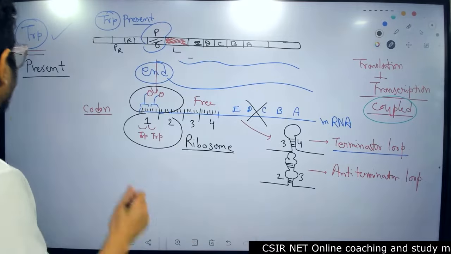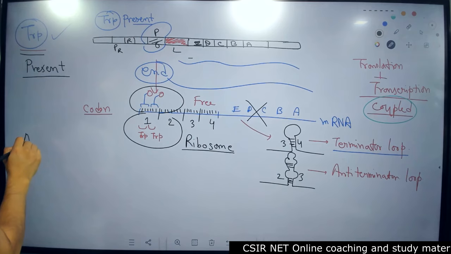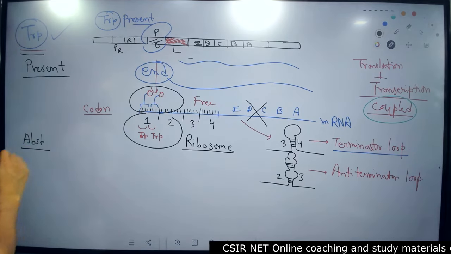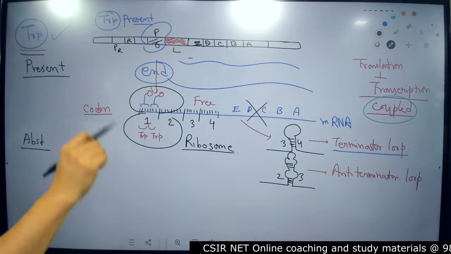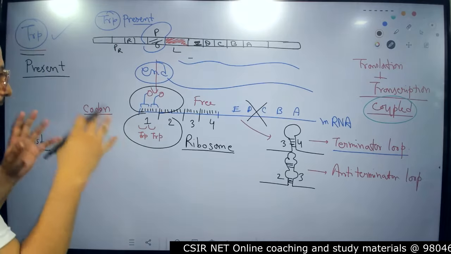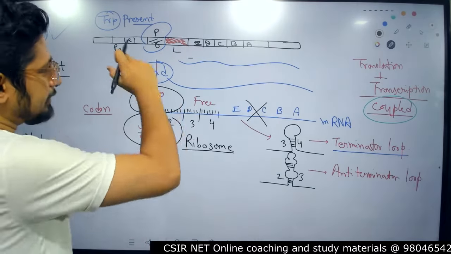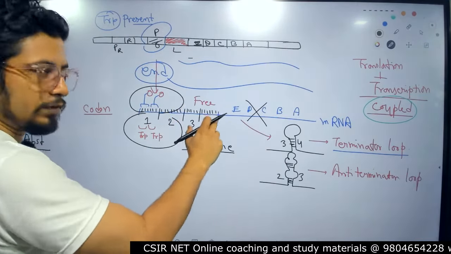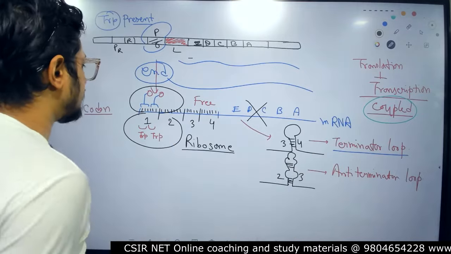Now imagine a situation when there is no tryptophan. If the tryptophan is absent, what will happen? The same thing, the leader peptide 1, 2, 3, 4, all the sequences are out there, and the structural genes are made.